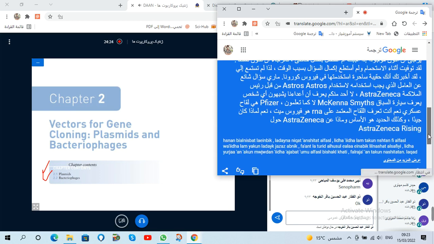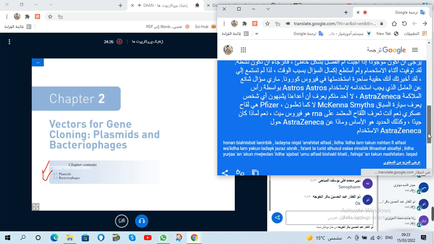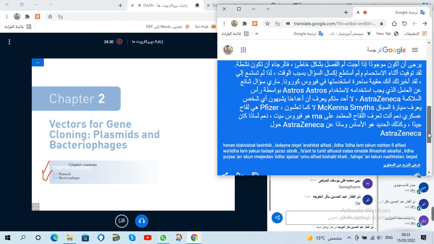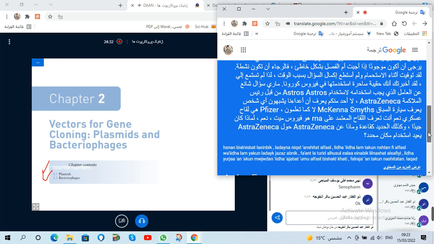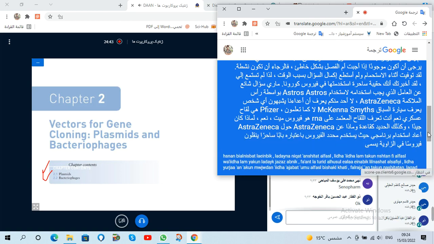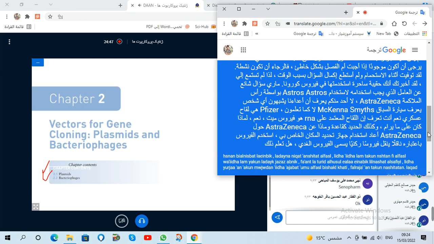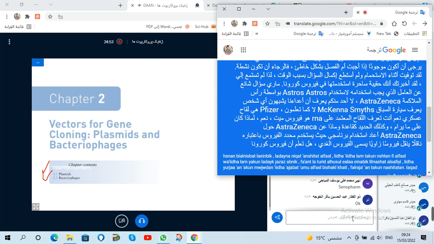AstraZeneca uses a virus as a vector. They transfer a corona gene into a virus called adenovirus. Do you know that? In AstraZeneca, the coronavirus gene is cloned.